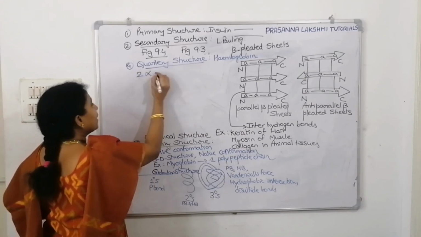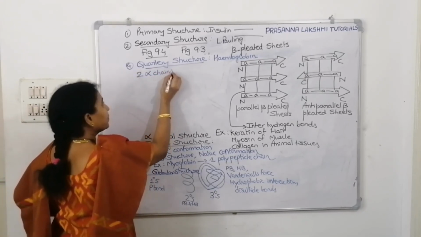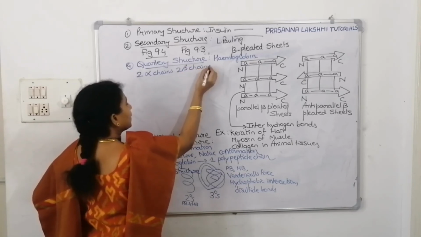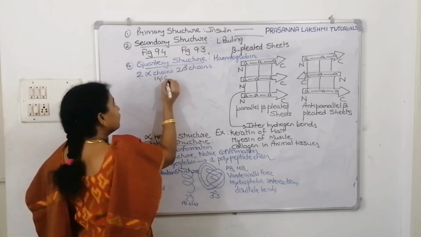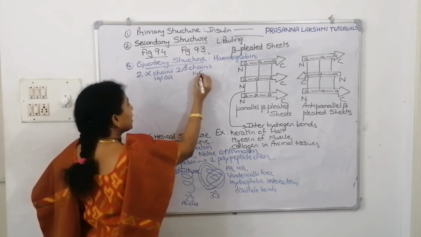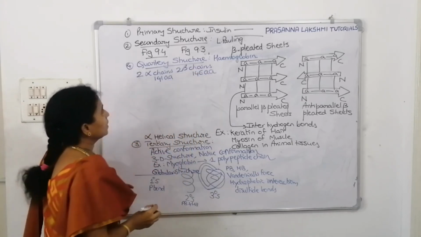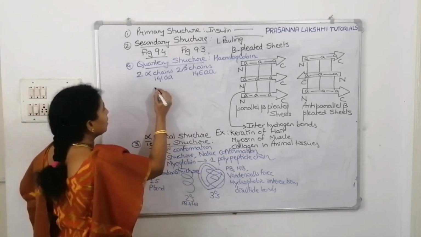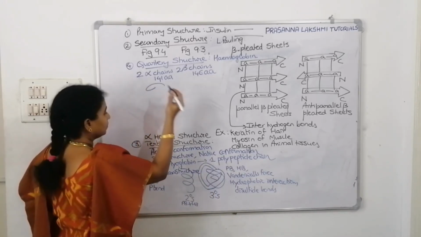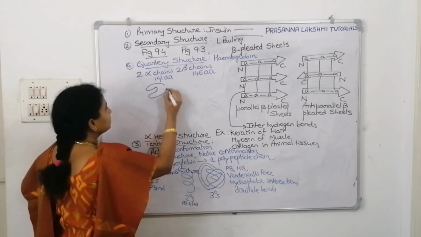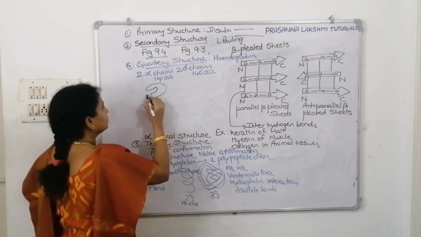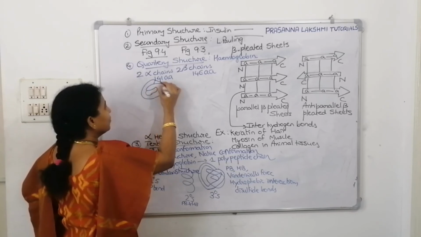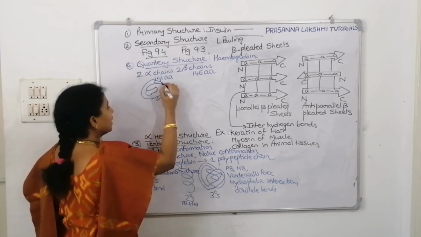There are two alpha chains and two beta chains. Alpha chains are made up of 141 amino acids, beta chains are made up of 146 amino acids. Each chain is a tertiary structure like this. Now we need to draw them, making a 3-dimensional view so that you can understand.